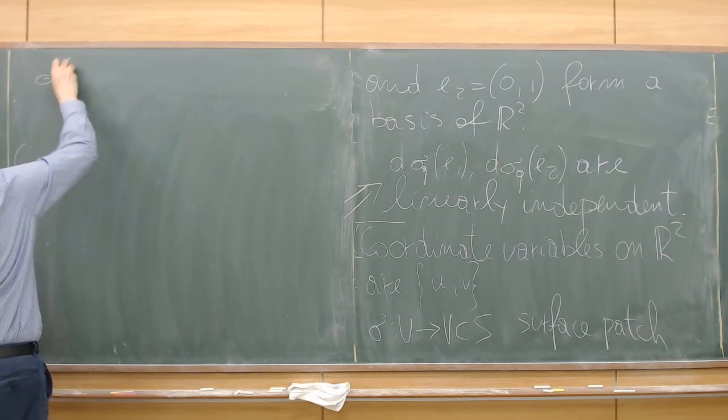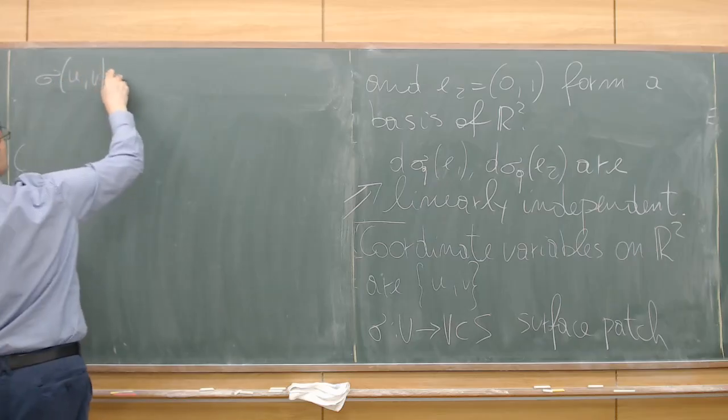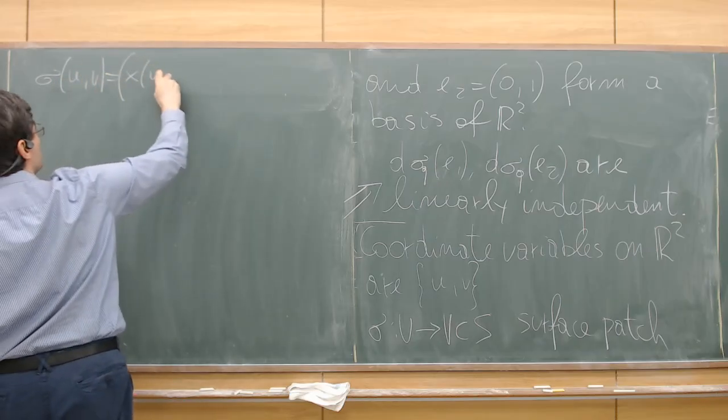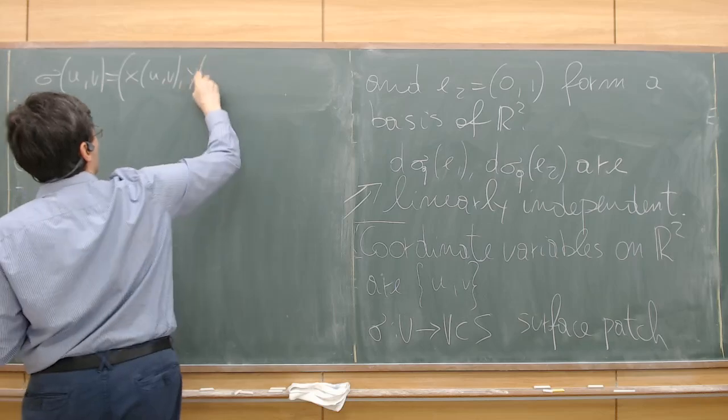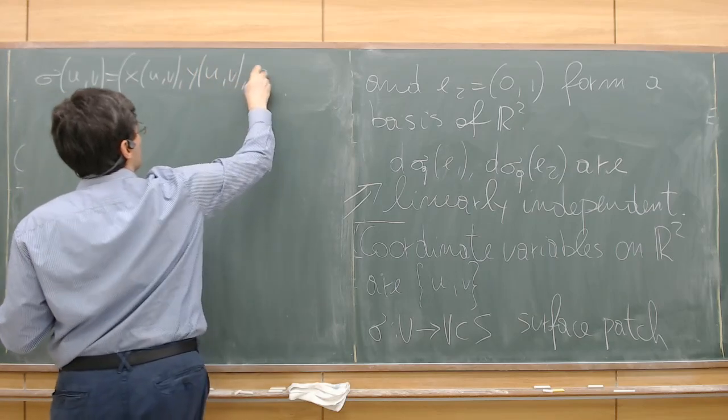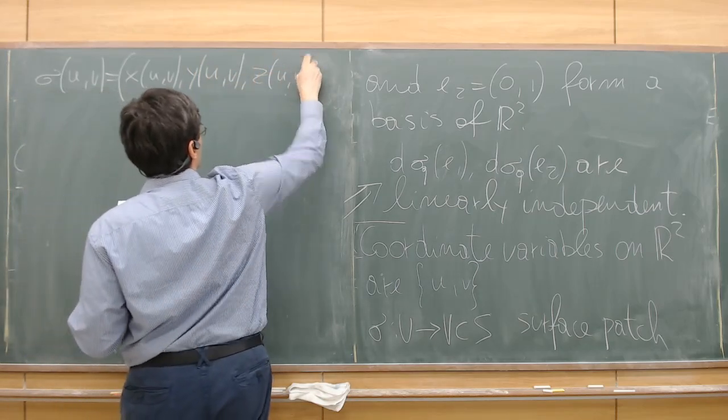Sigma of u, v is given by x of u, v, y of u, v, z of u, v.